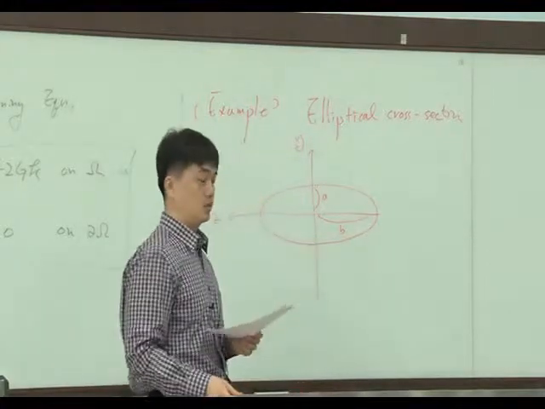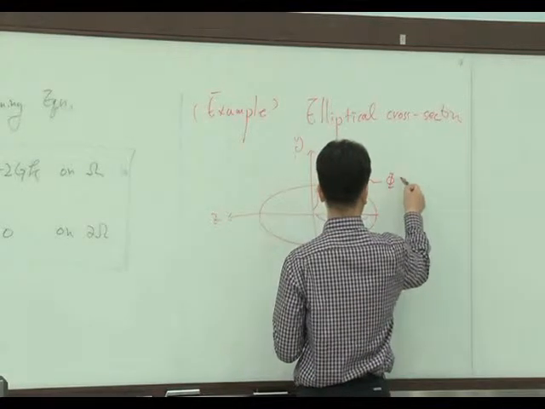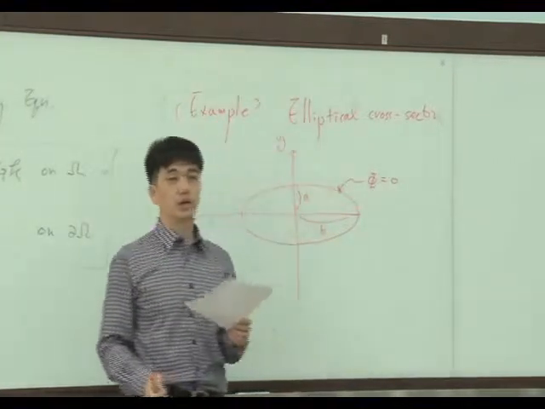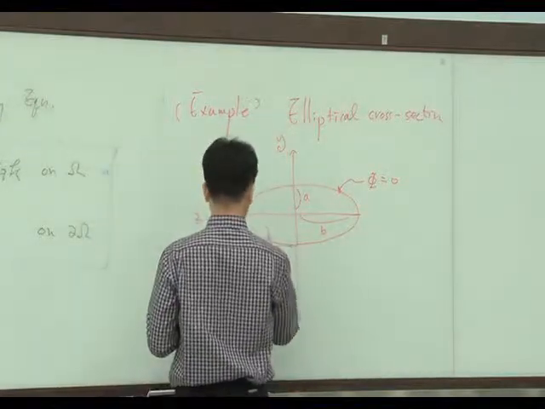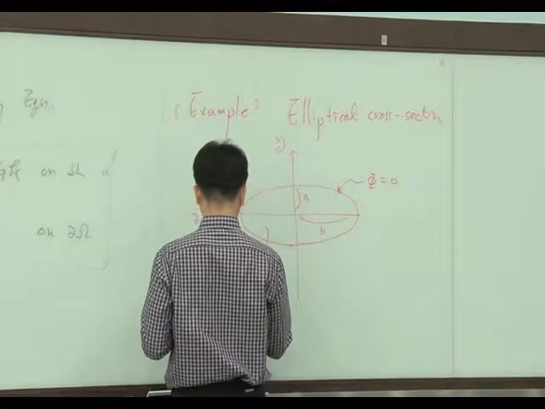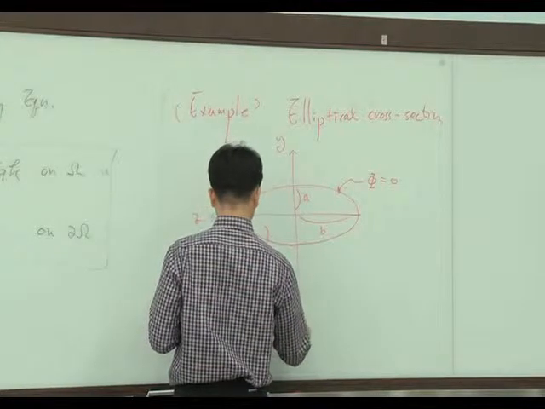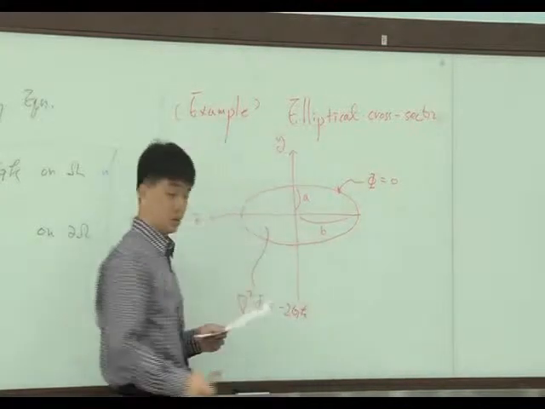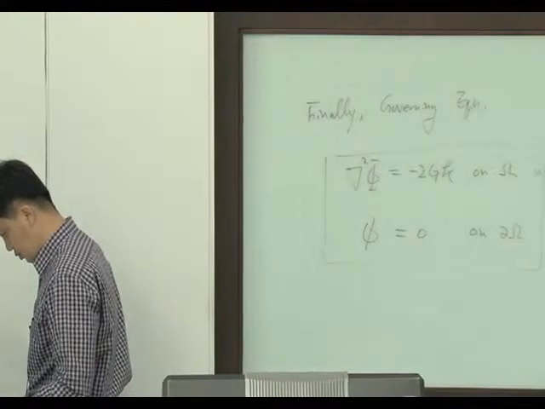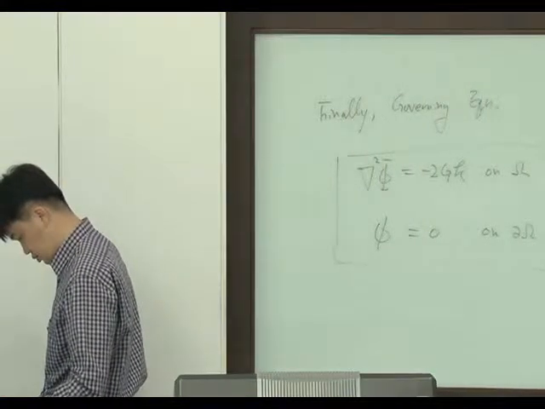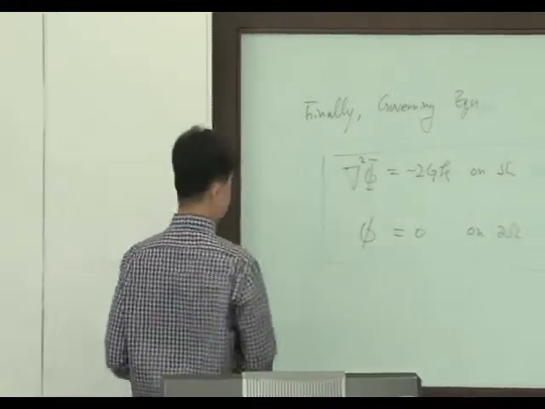Due to the governing equation, the stress function should be 0 on the boundary, and in the cross section the equation with minus 2Gk should be satisfied.